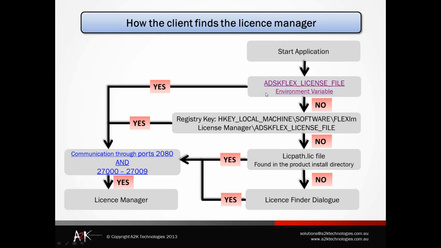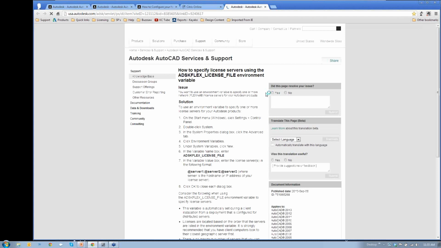I've just got that hyperlink, so we'll just click on that and bring up a web page here. This will do a PDF version of the PowerPoint that people can have access to as well, with the hyperlinks contained in there. But you can see in here, this describes how to go about setting up that environment variable. It's not set up by default, okay?